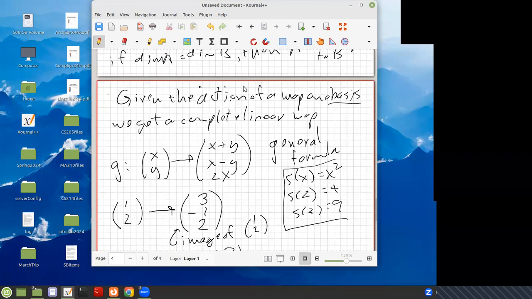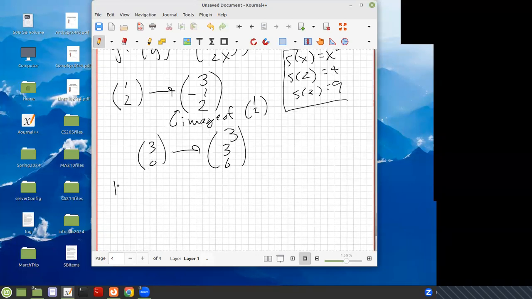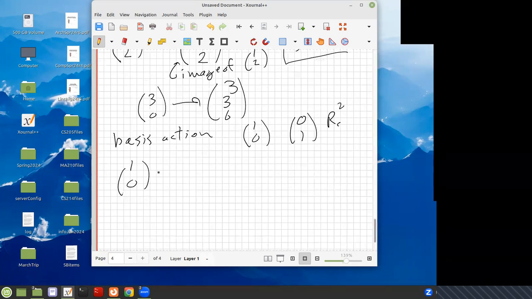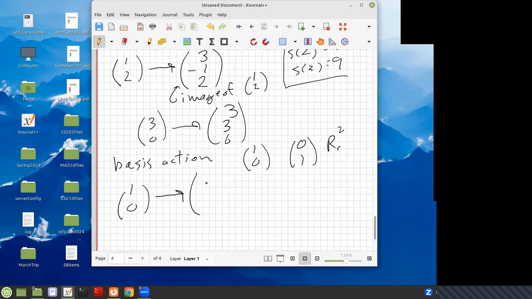Now, the question for what I mean by a basis action is this: what is the action of G on a basis here? Well, let's choose the standard basis, (1, 0) and (0, 1) for R2. (1, 0) goes to, well, x is 1, y is 0, so that's (1, 1, 2).